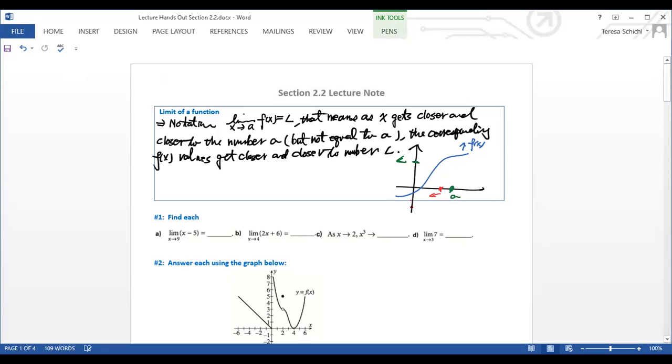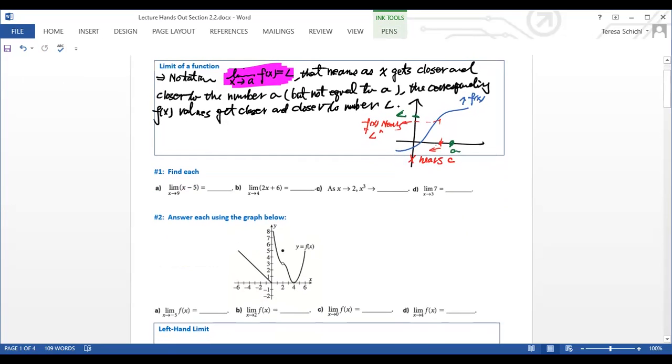This is my x value, so x nears a, getting closer and closer to a. Now I'm getting these values here. For this red value, we say f of x nears L. That's how we define it. And the notation we use is limit as x approaches a, and then f of x gets closer and closer to L.